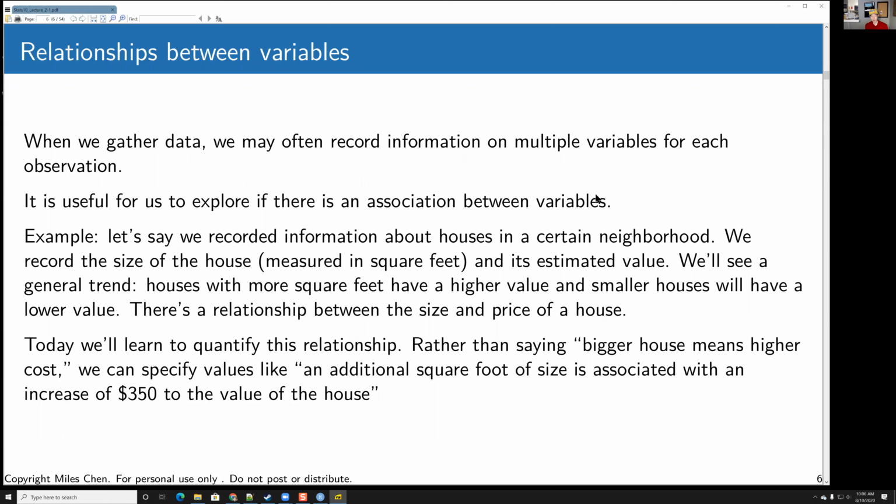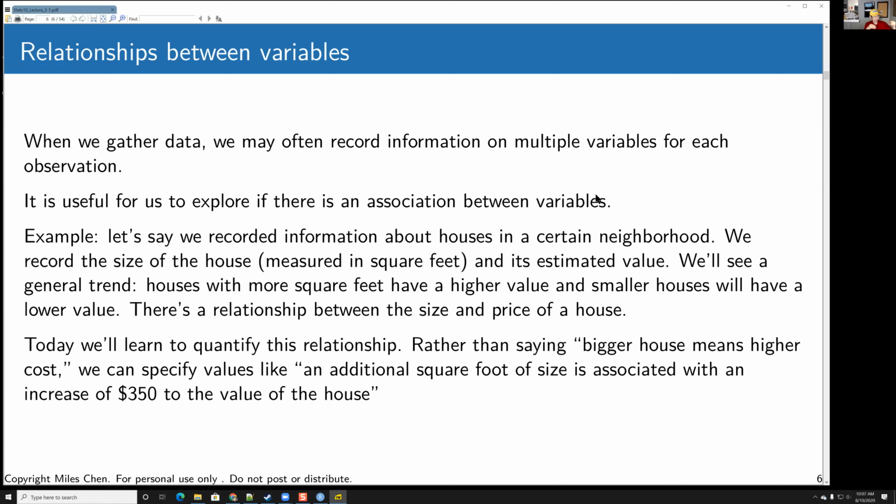In general, you'll see a trend where houses with more square feet will have higher value. Houses with fewer square feet, like a smaller house, will have lower value. That's going to be the general trend, especially if you're looking within one neighborhood, okay? And so we would say there's a relationship between the size and price of a house.